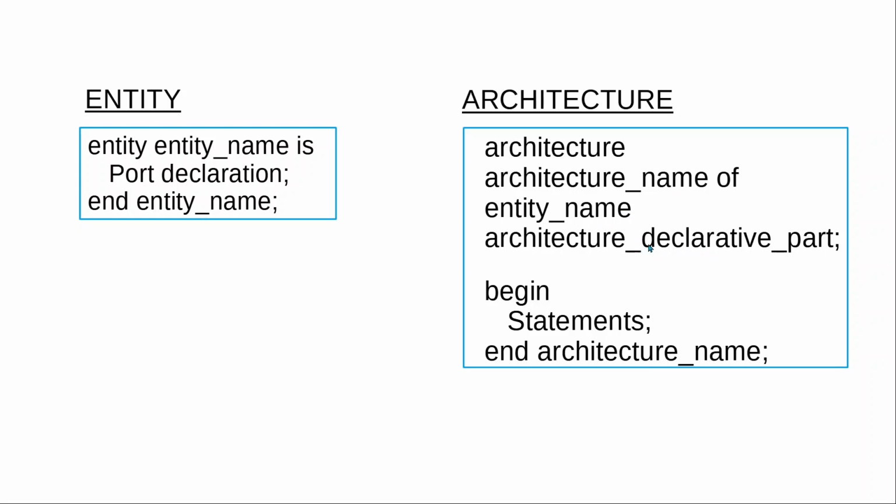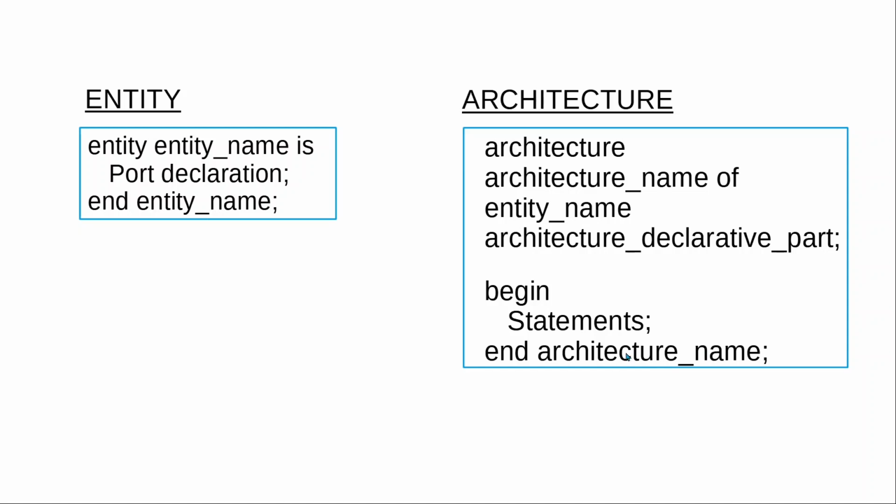Then we have the architecture declarative part, which signifies the start of those statements that describe how the architecture functions. Then we have the begin keyword. This signifies statements are starting, and in this part, the statements, we write logic of that architecture, and we end that architecture with the end keyword, and we write the architecture name here.